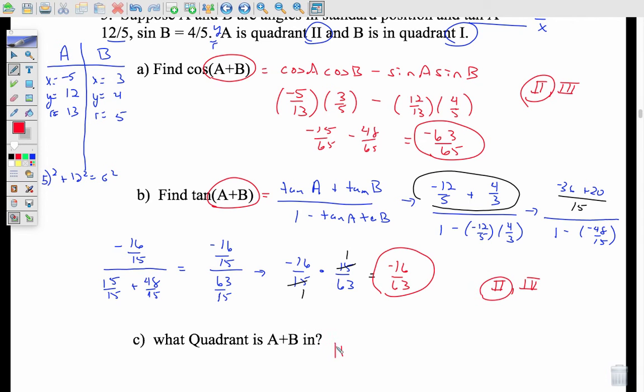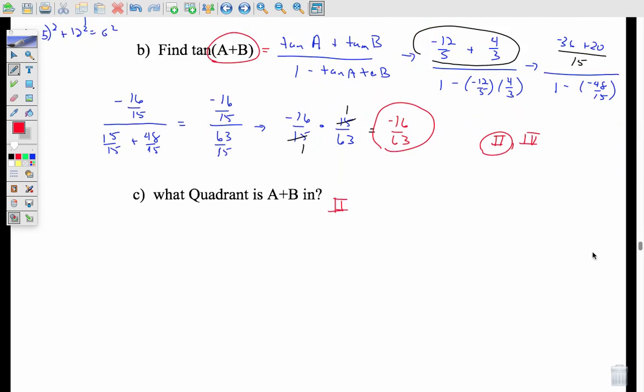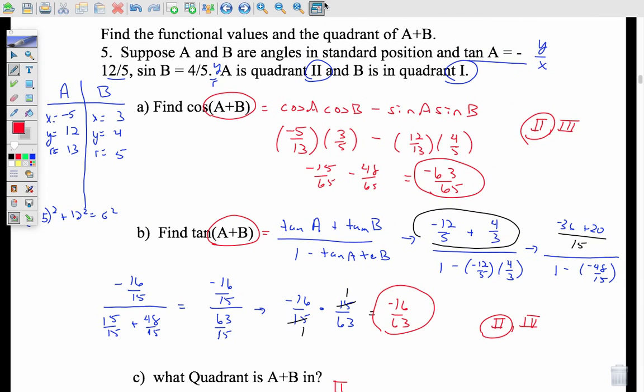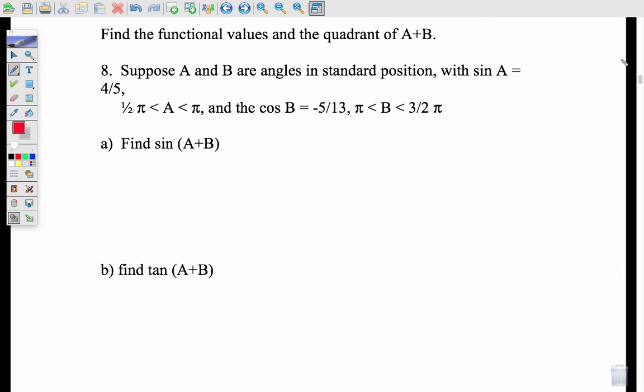So tangent is negative in quadrants 2 and 4. They're both negative then in quadrant number 2. So we use the signs of our sums to find out what quadrant we're in. We're in quadrant 2 because both cosine and tangent are negative in quadrant number 2.